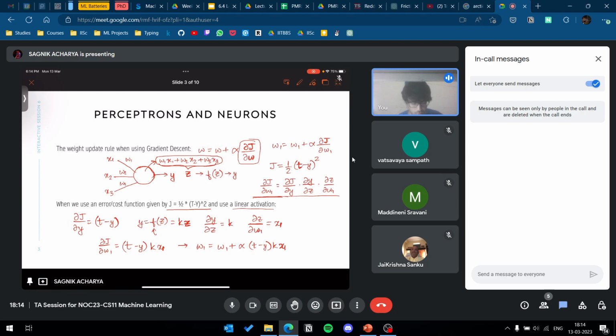I mean any problem which has this as a cost function. You have to keep in mind, if this function changes, then we won't be using t minus y anymore, right? So this derivative does not hold. And if you don't have a linear activation, if you have some other activation like sigmoid, then this derivative won't hold, and this k won't be there.